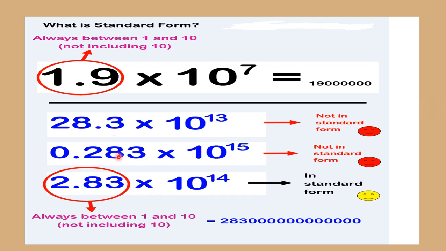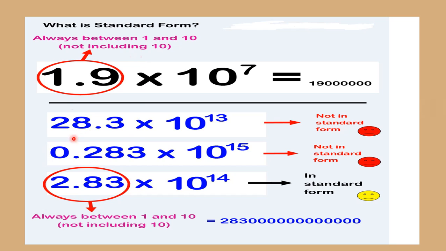numbers, we observe that this 28 is not between 1 and 10, it is more than 10. Again, this number 0.283 is less than 1, very small in comparison to 1.